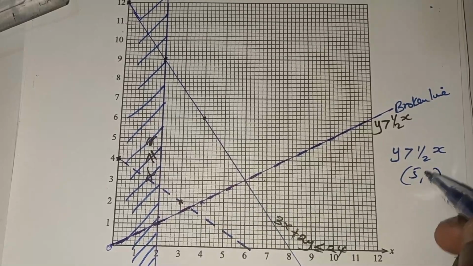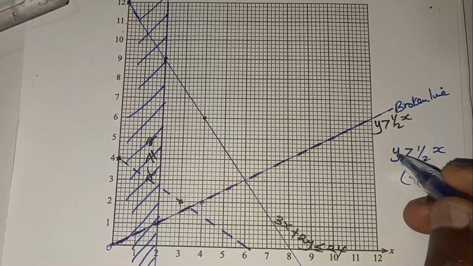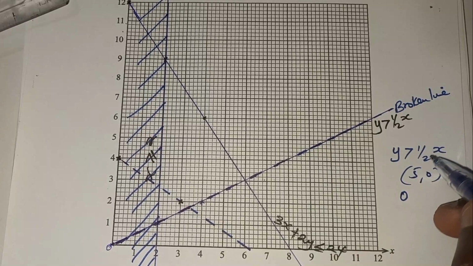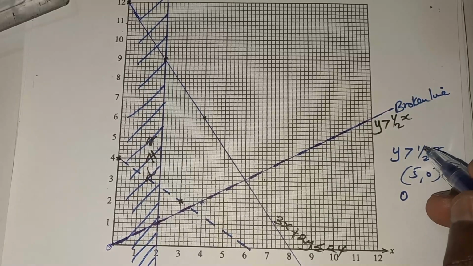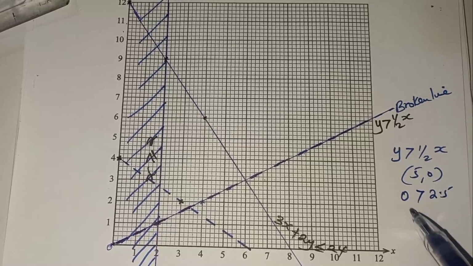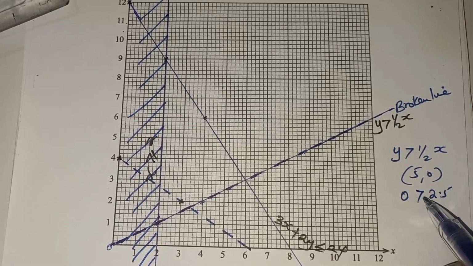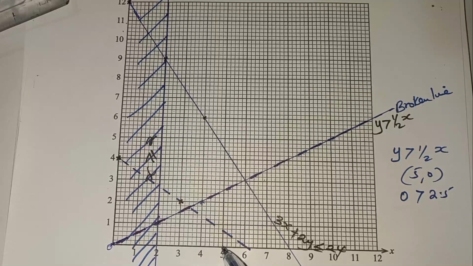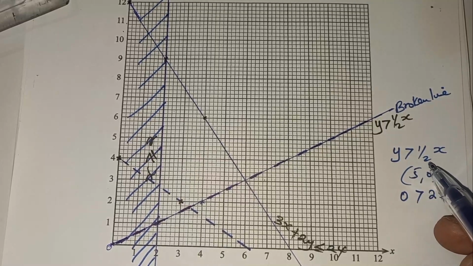Then I substitute: when y is 0, x is 5. So half times 5 is 2.5. Is 0 greater than 2.5? No. So this side where I picked that point does not satisfy this inequality, and therefore it is the unwanted side.